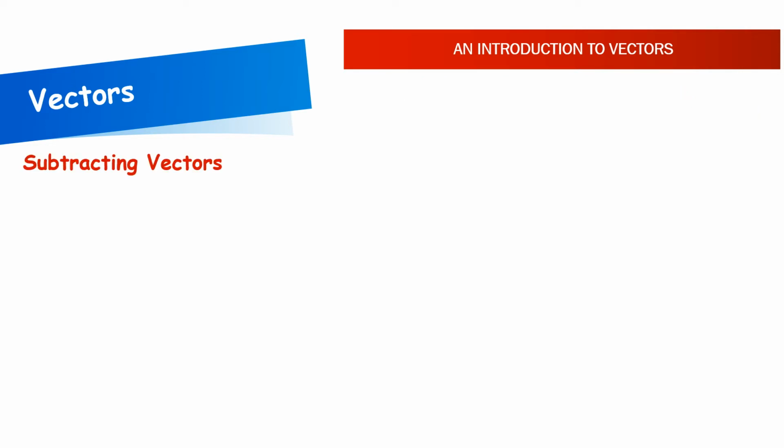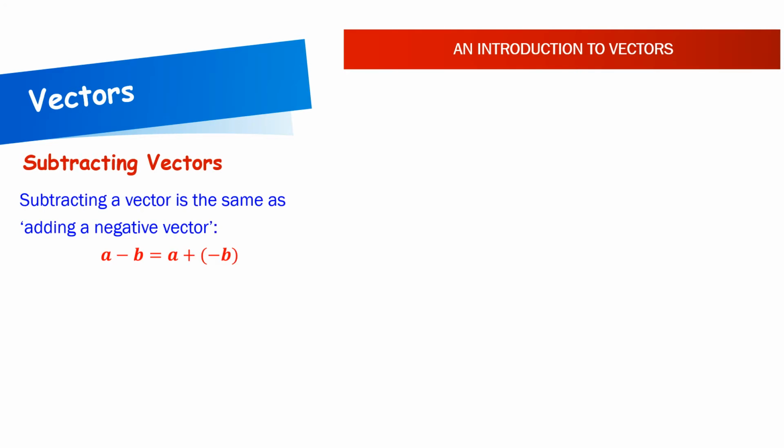How do we subtract vectors? Subtracting a vector is the same as adding a negative vector. So a minus b equals a plus minus b. So if we have vectors a and b as shown, then a plus minus b looks something like the diagram shown towards the bottom of your screen, with b simply going in the opposite direction.